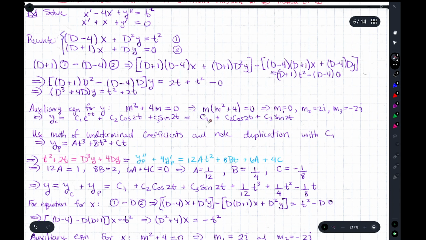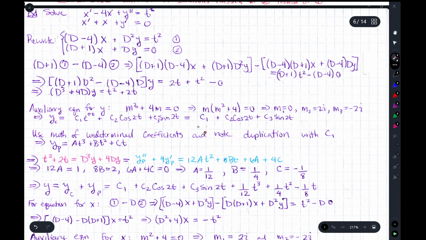And now we have to be pretty careful here, because m1 was 0. When you plug that in to the exponential, you just get a constant. Now, for the method of undetermined coefficients, with a polynomial, you would have at squared plus bt plus c.